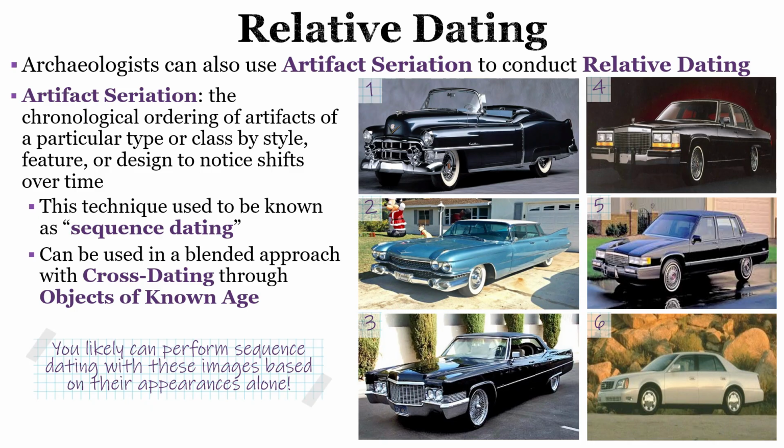Now, you yourself can absolutely play along right now. If you look at these Cadillacs, from 1 to 6, take a moment and see if you can ascertain which one is the oldest and which one is the youngest, based entirely on what you know of physical changes.